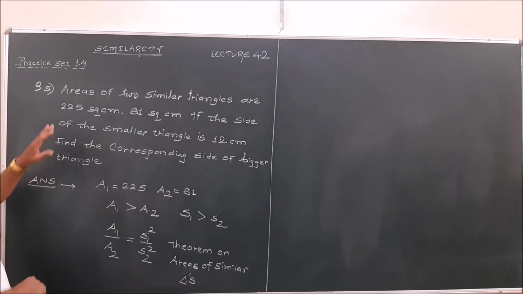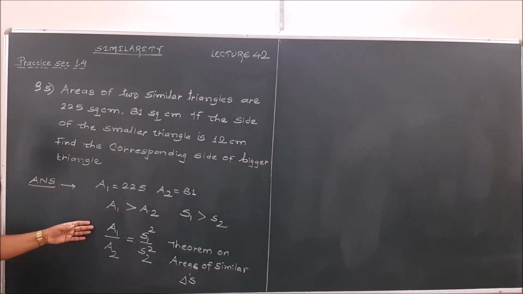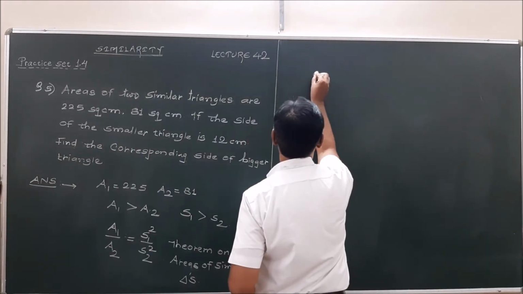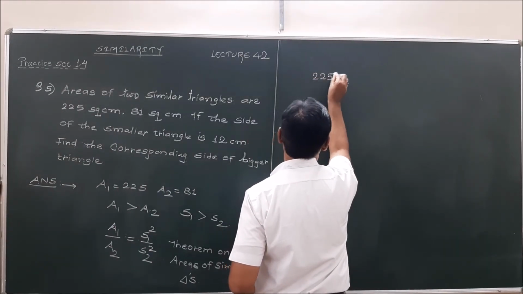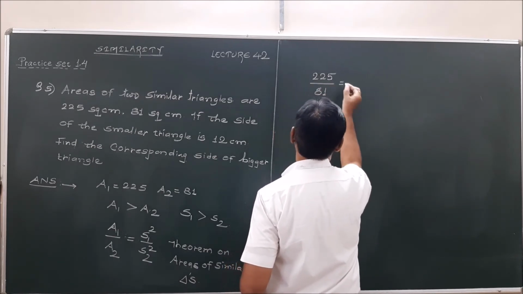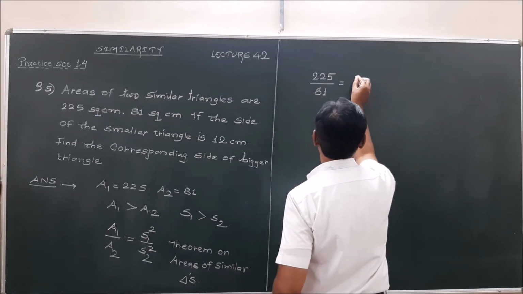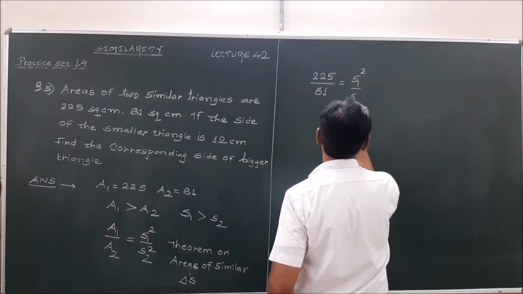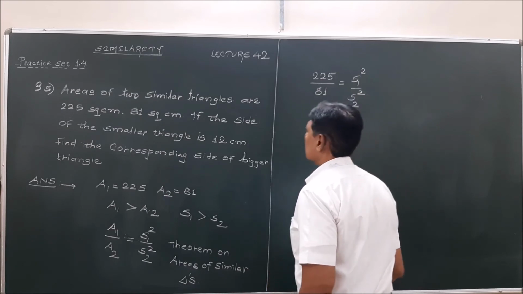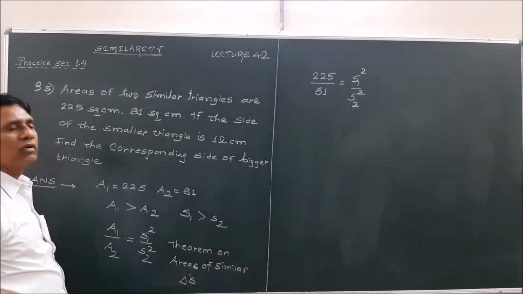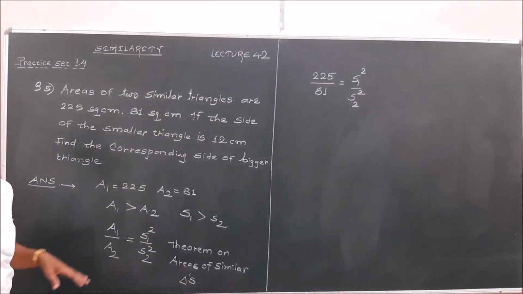Fine. Then areas of two similar triangles are 225 and 81. So 225 upon 81 is equal to S1 square upon S2 square. Correct?